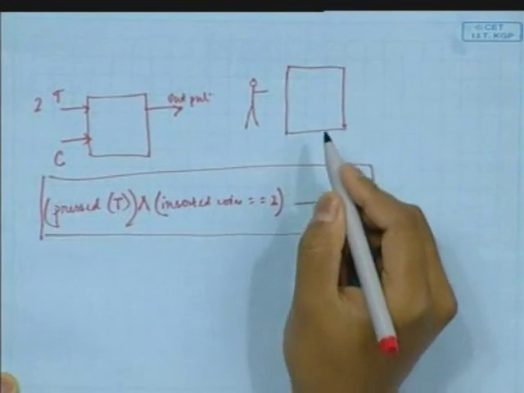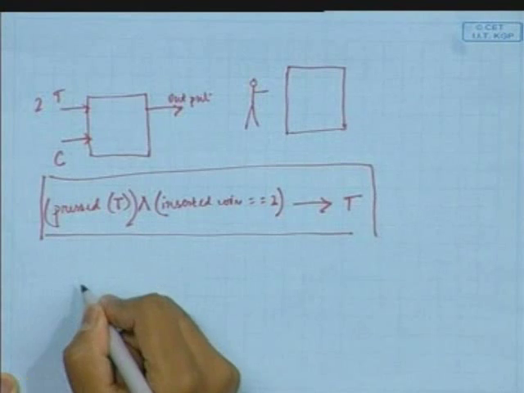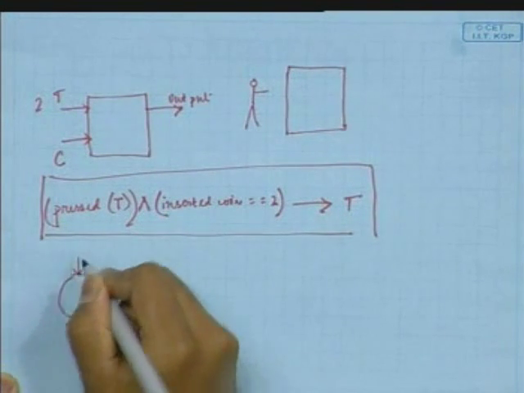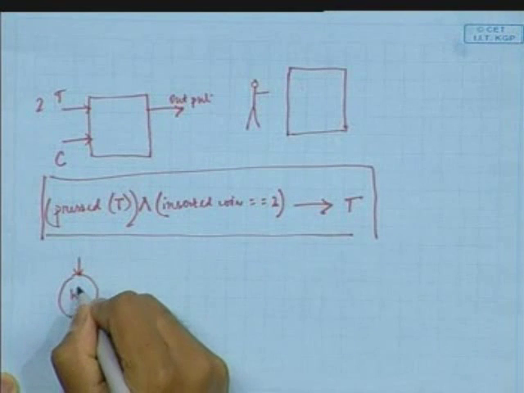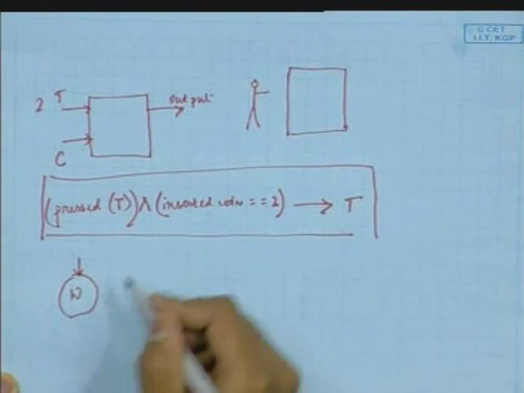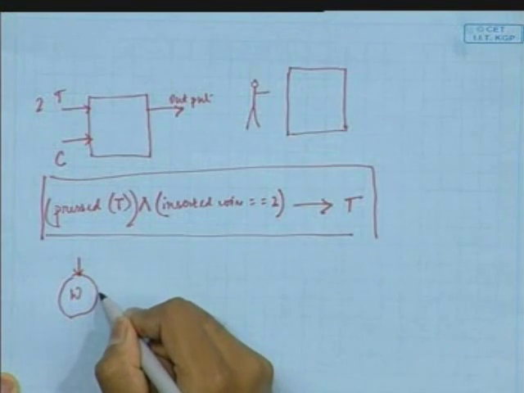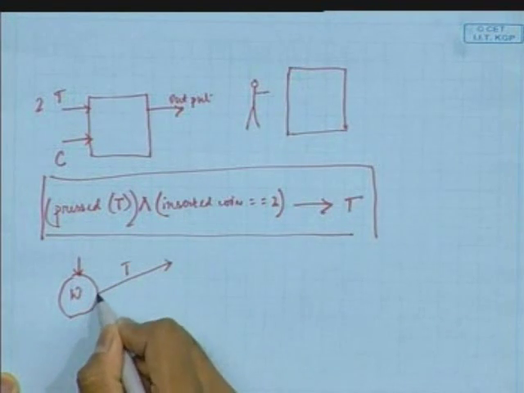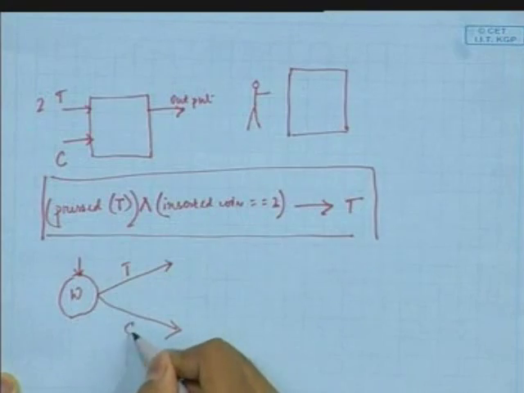Now for the model of the system, suppose initially it is basically waiting for the user to press a button. Now when a button is pressed, it may be the button for toffee, it may be the button for chocolate.